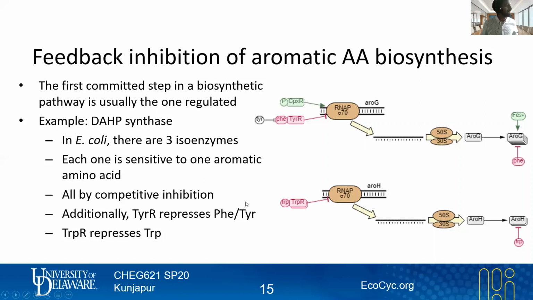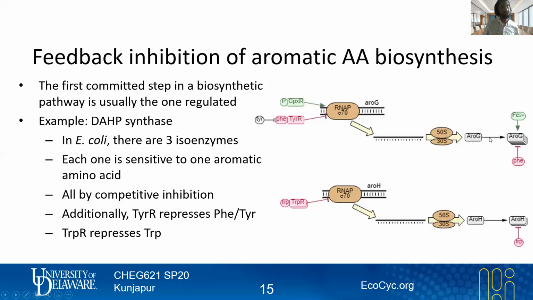You've got 2 different regulators, and these are images from EcoCyc, that are repressing the biosynthesis, the formation of these isozymes. So AroG and AroH are respectively the isozymes that would work for either phenylalanine or tryptophan.